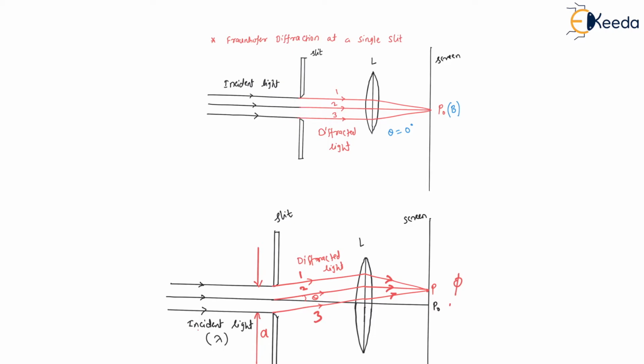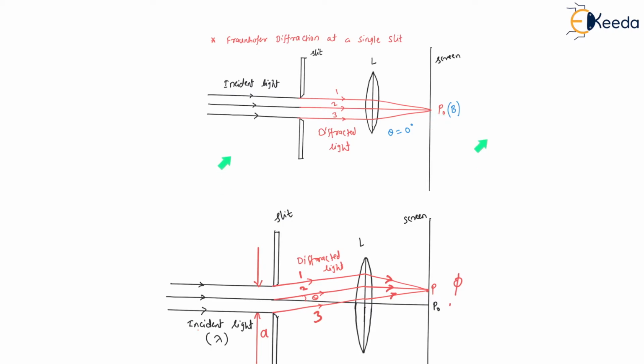Then we considered the basic case, that all the light rays travel along a straight line, that is, they have an initial phase of 0, and then this biconvex lens will converge all the light at this particular point P naught. As I said, the path difference or phase difference is 0, therefore this band has to be a bright band.